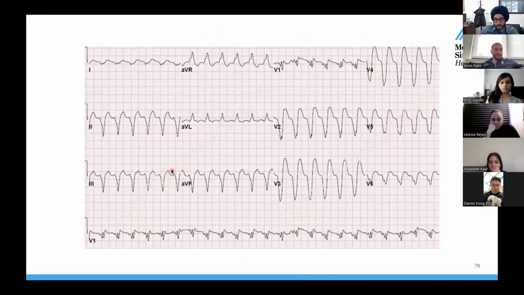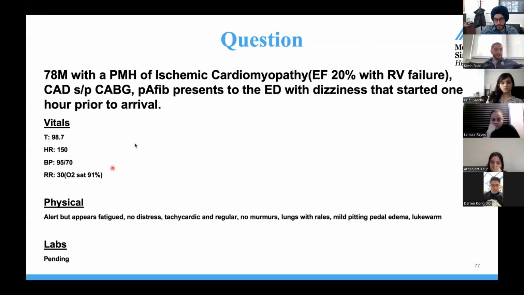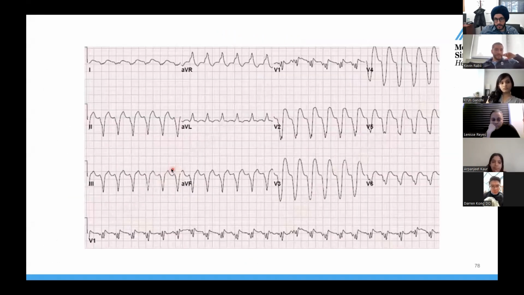Going back to that patient we discussed earlier, the gentleman who had the CAD and CABG and came in. Knowing a little bit about what we know now, this patient was currently stable, but we would anticipate that eventually he'll become unstable and we'll have to shock him. In the meantime, he's alert. So get emergency meds ready, get pads on the patient, and you're obviously going to want to give sedation.